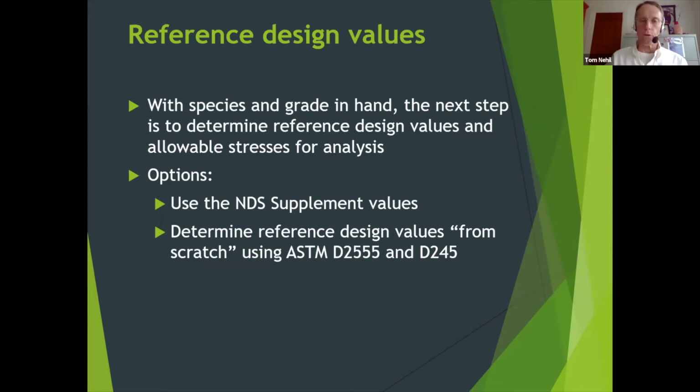What's the limit to which we can press these sticks of lumber? So we've got options. We can go straight to the NDS supplement that you saw before and read those values out of the book that are intended for new design. Or we have this other option of developing design values from scratch using the same standards that were used to create those NDS supplement values.